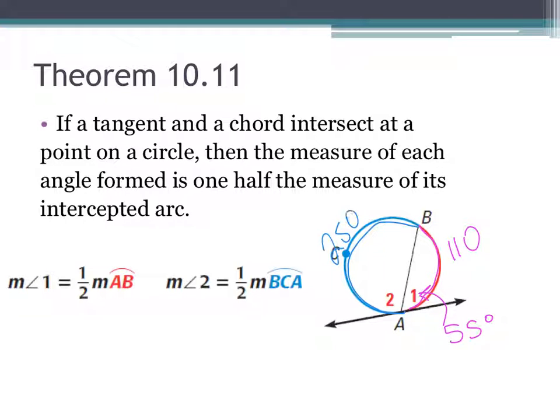Because it would do 360 minus the 110, which then makes angle 2 125. And then remember we talked about yesterday that the rules of lines still apply. So 125 plus 55 gives you 180 because that's still a tangent line. So they would have to sum to 180. Questions on that one?